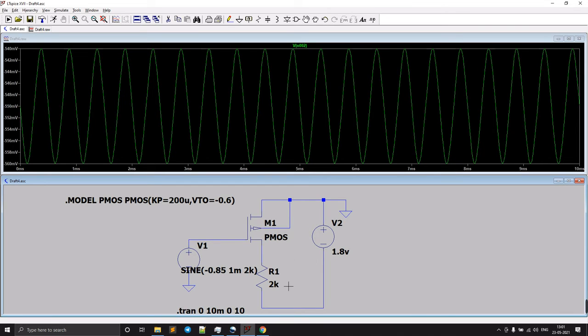Okay, now our main intention is to replace this resistor with the PMOS diode connected. So for that I'm removing this resistor, and instead of this resistor we need to have a PMOS diode connected. So this same PMOS we need to copy again. We will copy this PMOS and place it here.